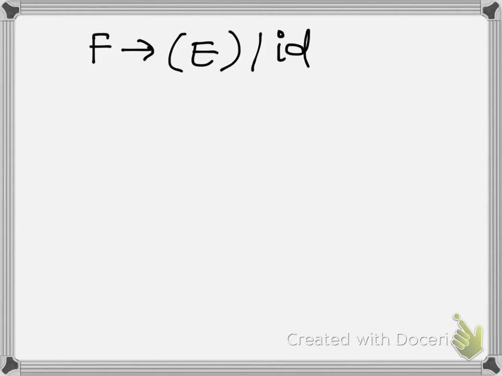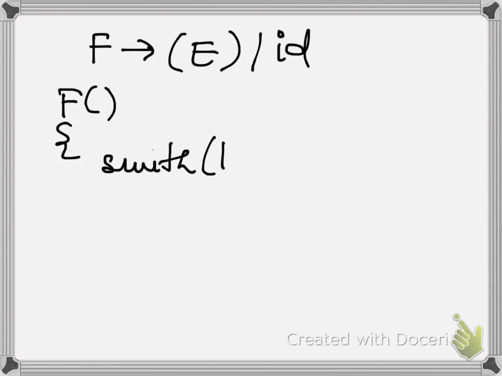If I have something like a production F derives open parenthesis E close parenthesis or ID, how will I write it? I'll write a function for F. Here I may have a switch because I have an option. Switch on the token.